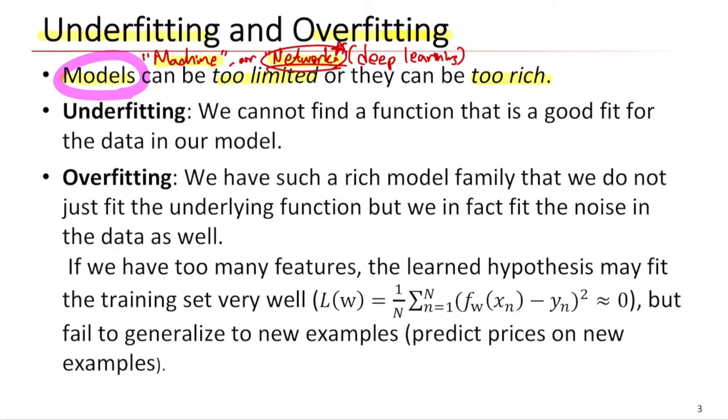So here is the definition of the underfitting problem. Underfitting means we can't find a function in our model that is a good fit for our training data. That is the underfitting problem.